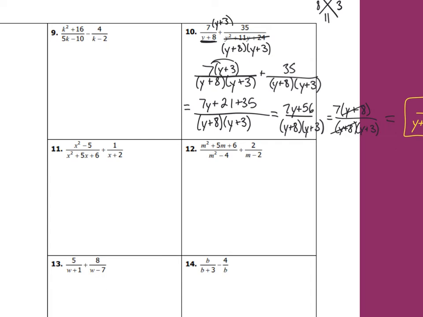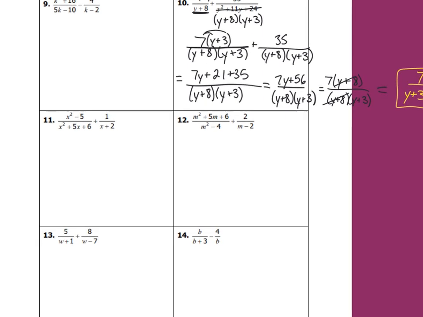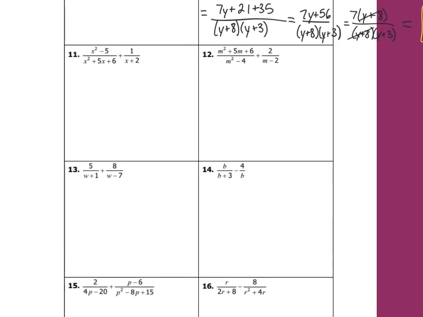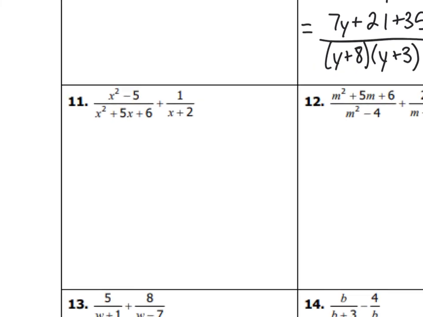I want you to go ahead and do number 11. It works very similar to this one. So go ahead and try that. All right, so looking at number 11. What do we do first? X method on the bottom, right? That first denominator.